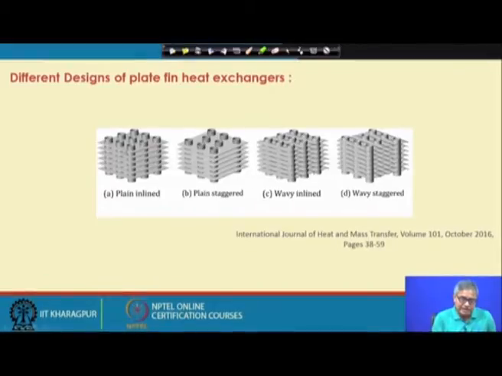In the first case, we can assume each tube is surrounded by a square kind of fin, and in this case each tube is surrounded by a hexagonal fin. So, this is what we are going to get ultimately. Now our analysis has become easy.